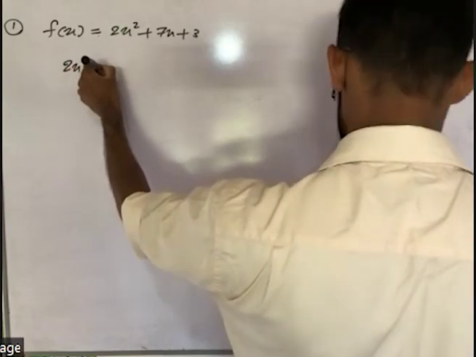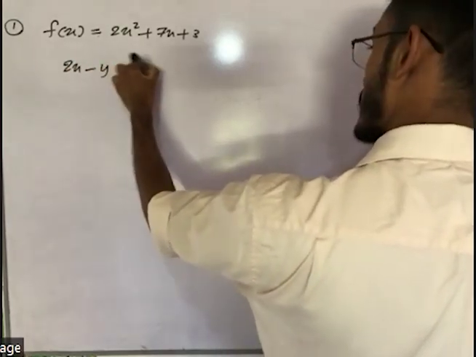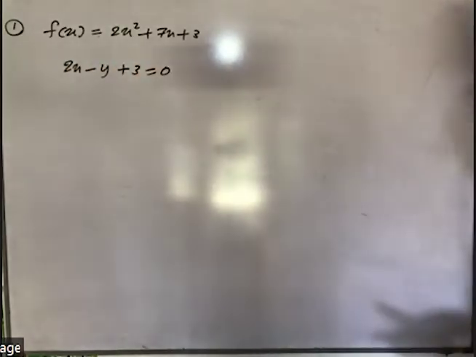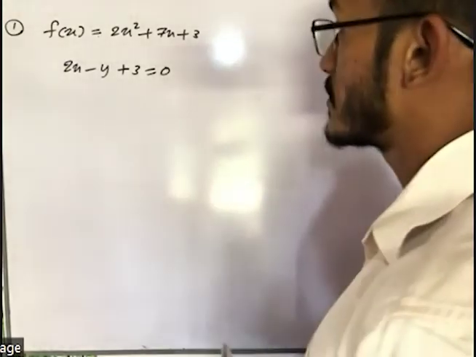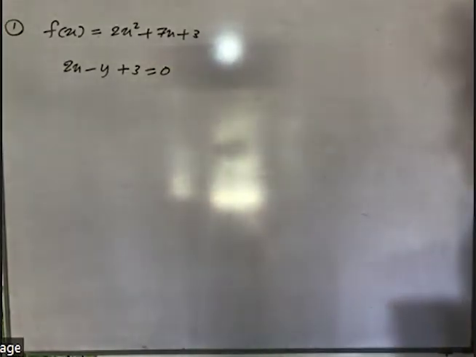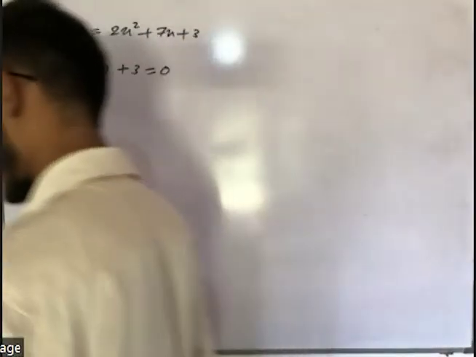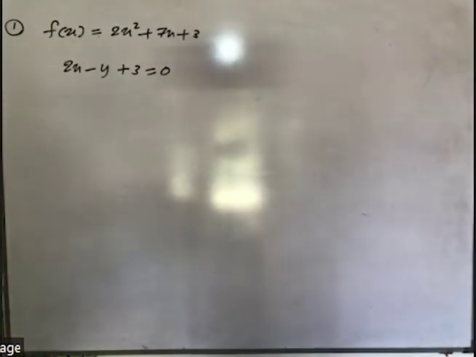Find the intersection points of the quadratic function f(x) equal to 2x square plus 7x plus 3, and the straight line 2x minus y plus 3 equals 0.